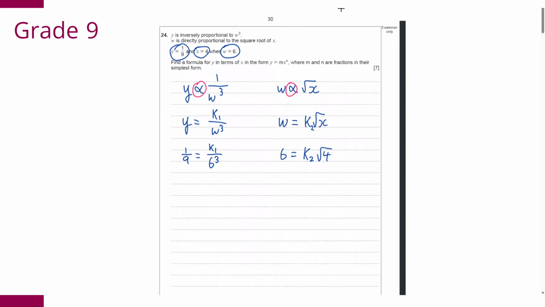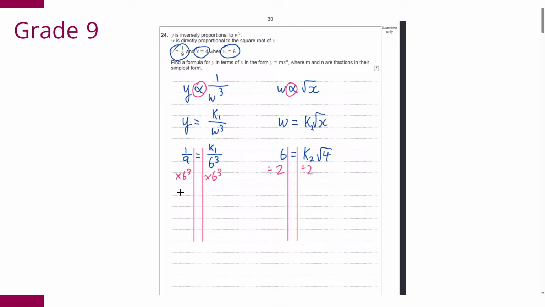Now we need to solve, so we get our lines in. On the left-hand side, we're going to times by 6 cubed. On the right-hand side, we're going to divide by 2, because obviously the square root of 4 is 2. So get your calculator out.